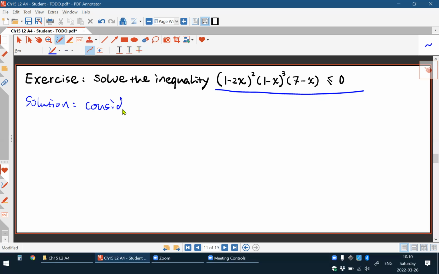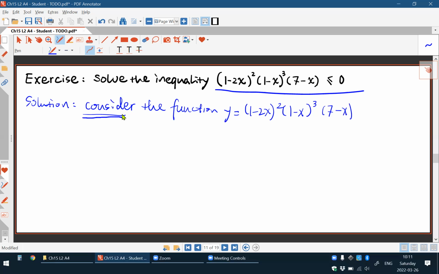Usually you need to explicitly write that, consider the function y equals the expression on the left, such that your reader can understand what you are talking about here. If you consider the function like this, then this is a polynomial function, right?